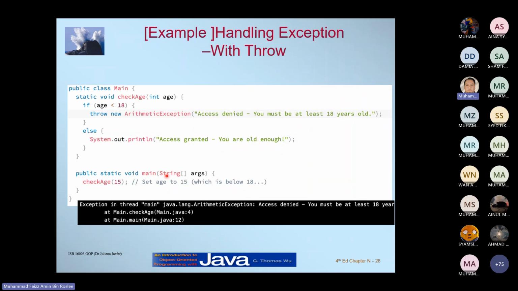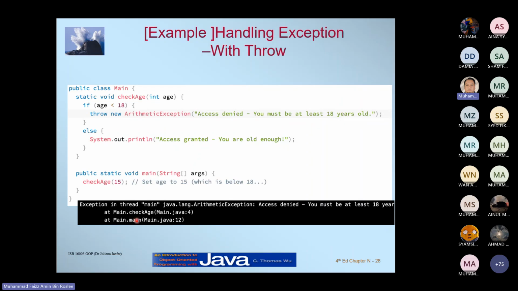So in public static void, you try to call this method and put an age of 15, it will throw out the default message of the error, and it will also print your custom words. It says denied, you must be at least 18 years old. So this is how throw works, or what throw looks like when you use it.